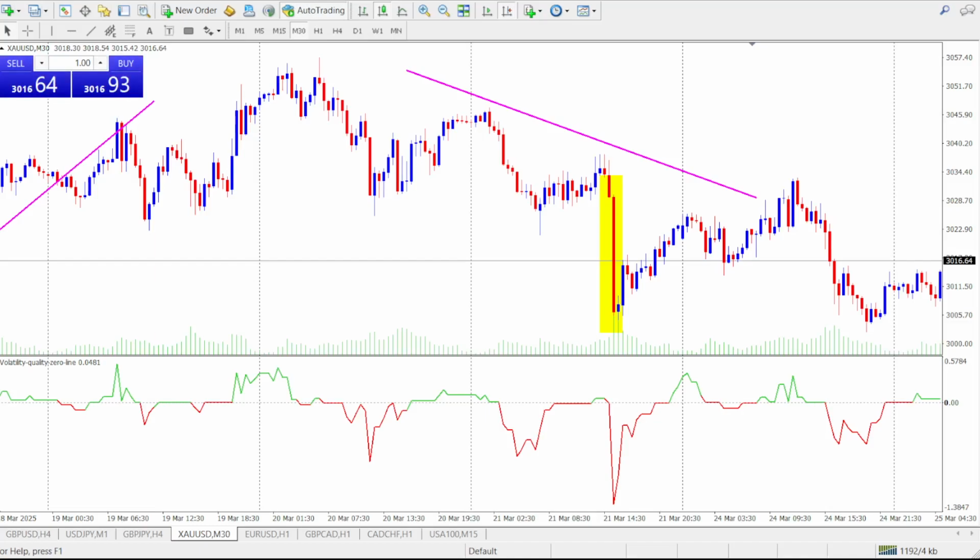Now, the volatility quality zero line indicator is actually a variation of the original volatility quality indicator created by Thomas Stridsman. However, it is less sensitive, meaning it generates fewer false signals and it's more resistant to sudden price spikes.